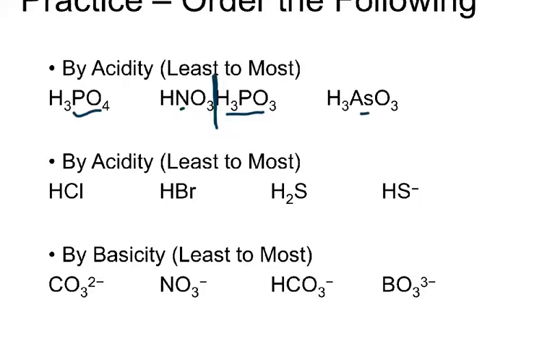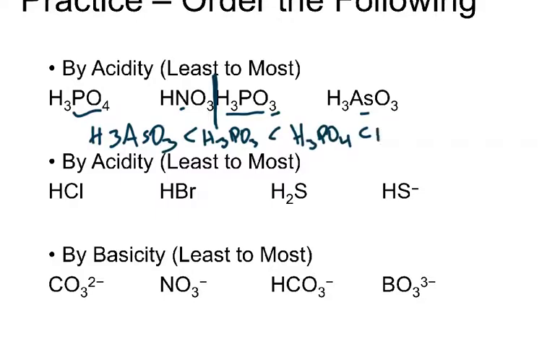And so your acidity is going to decrease as you go down the table. So the least acidic is going to be H3AsO3. Then we said H3PO3 was less than H3PO4 because of the number of oxygens. And then nitric is a strong acid.